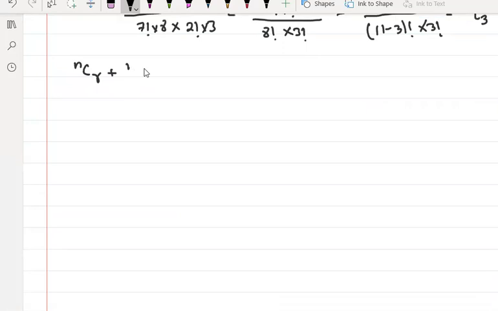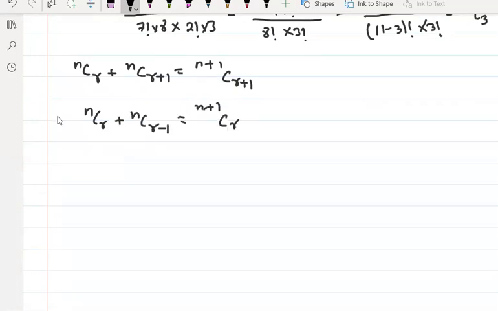nCr plus nC(r plus 1) is equal to, sorry, n minus. Okay, tell me what is the formula here? Tell me, what would be the formula of this one? It will be (n plus 1)C(r plus 1). I just wrote something by mistake, right? Actual formula was nCr plus nC(r minus 1) is equal to (n plus 1)Cr, right?